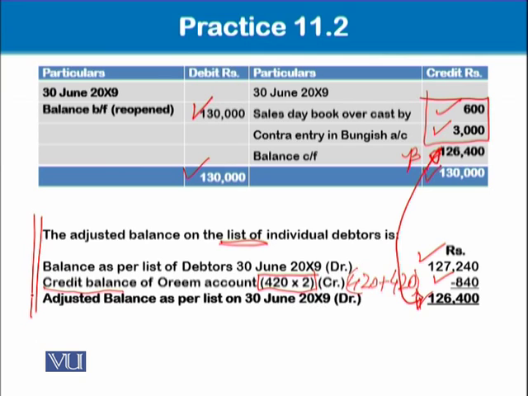Hence our control account balance is now equal to the list total. So this is how we do reconciliation of our control account balance with the total of the list balances.